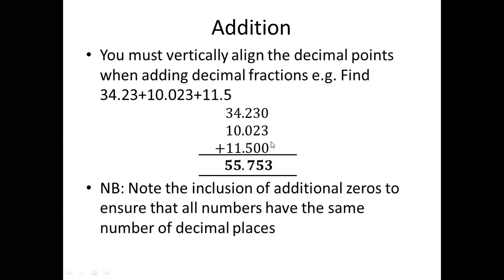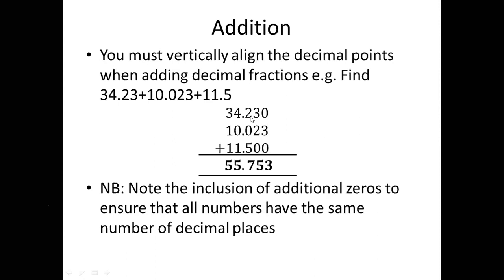We can add numbers in the decimal number system. What is important is that when we are adding our numbers, make sure that you align the decimal points vertically. Like in this case, we have 34.23 plus 10.023 plus 1 plus 11.5. So we need to align our decimal points.